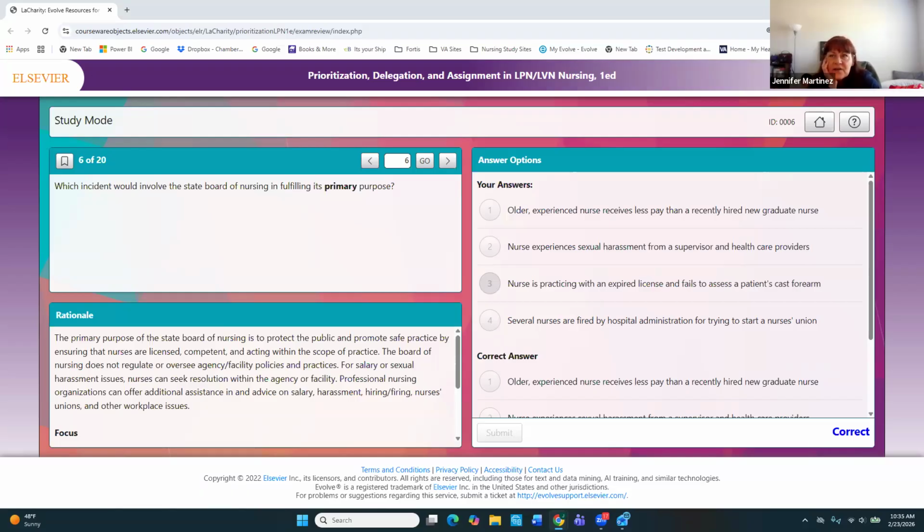I forget how she got caught. But literally the day that she got caught, she had just passed her NCLEX. Oh my gosh, yeah. But again, the State Board of Nursing is to protect the public, but all employers too.